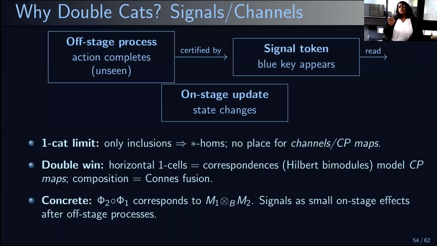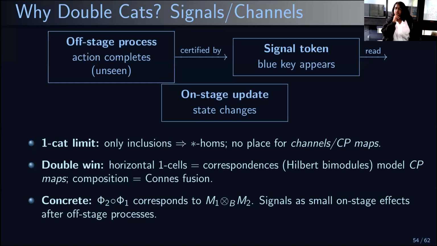So this signaling is pretty important in quantum field theory, in that there's this entire construction by Salinger and some other people called completely positive maps. The way these completely positive maps work is that they represent exactly the kind of operations that you're doing on this Hilbert space. Basically, in a one category, you have this limit that you will only be mapping these inclusions to star homomorphisms, and there's no place for things like completely positive maps.